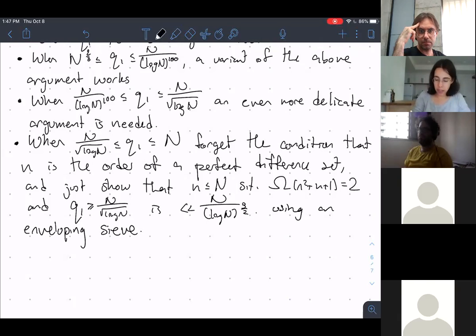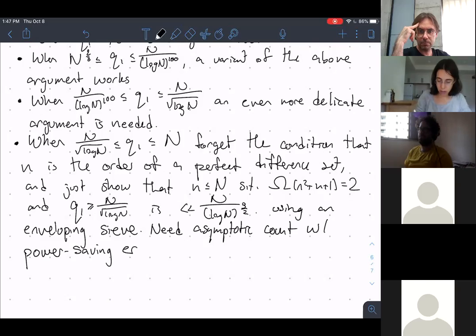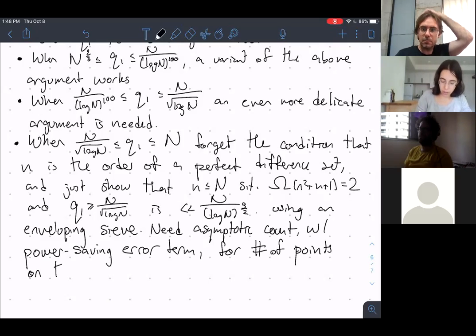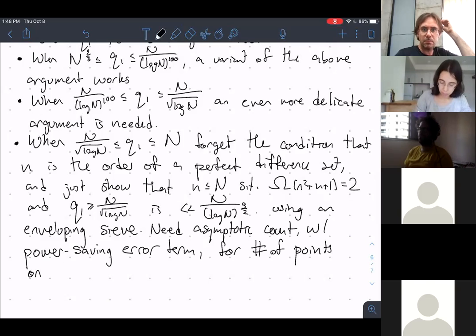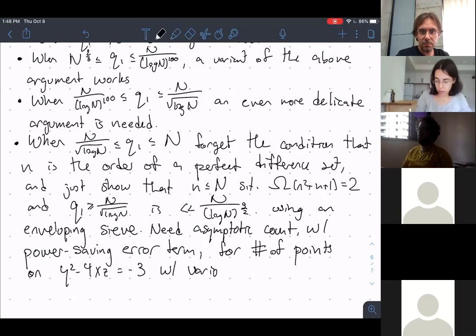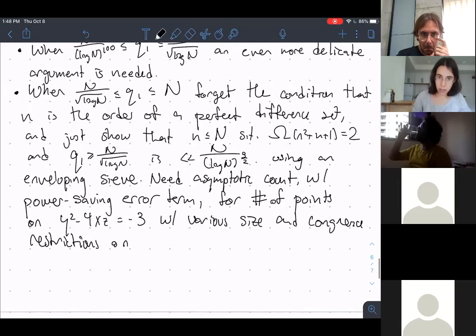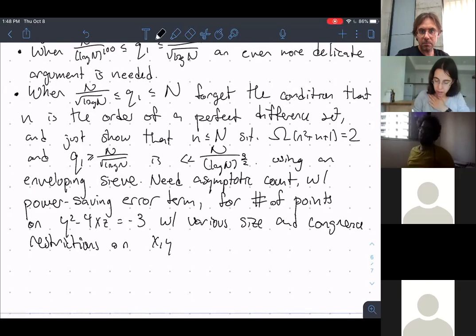But as one of the inputs, I need an asymptotic count, with power saving error term, for the number of integer points on the hyperboloid y squared minus 4xz equals -3, with various size and congruence restrictions on x, y, and z.